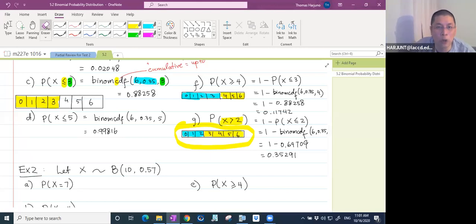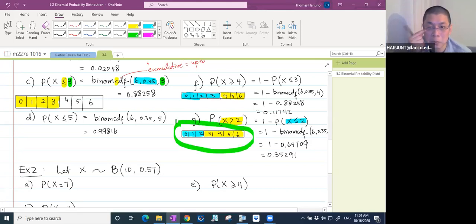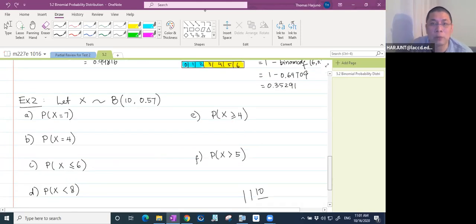The complement of 3, 4, 5, 6 is up to 2. So it's 1 minus the probability x is up to 2. That's the reason. That's why it becomes very crucial for you to get this diagram first. Again, let me give you approximately 10 minutes to do this problem.